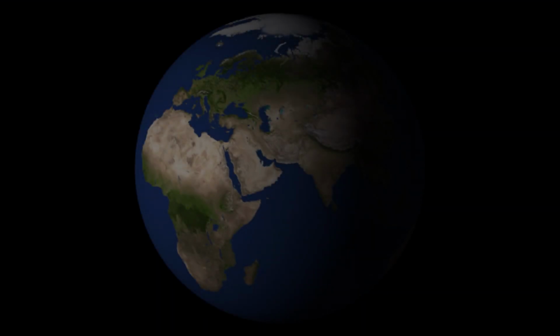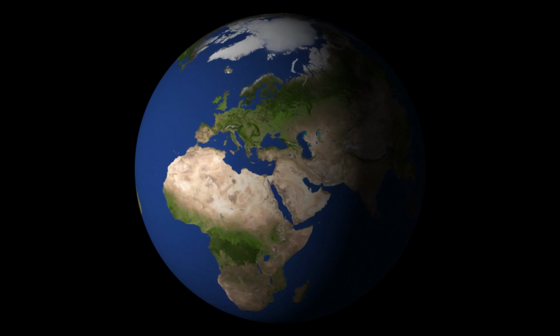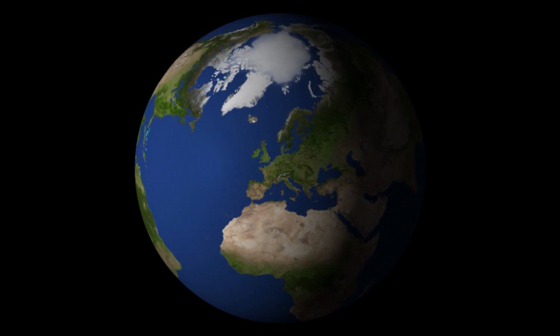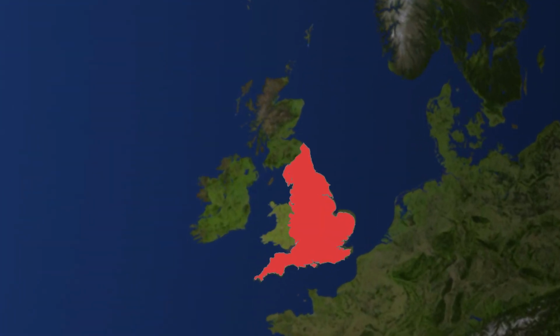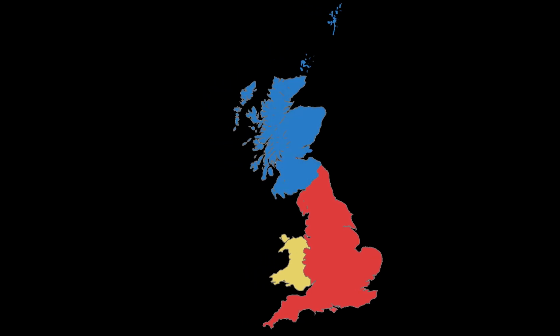The United Kingdom of Great Britain and Northern Ireland, commonly referred to as UK or Britain, is an island nation located in Western Europe. Its historical formation is as follows. Wales became part of the Kingdom of England in 1535. Subsequently, in 1707, the Kingdom of Scotland merged with the Kingdom of England, resulting in the birth of Great Britain.